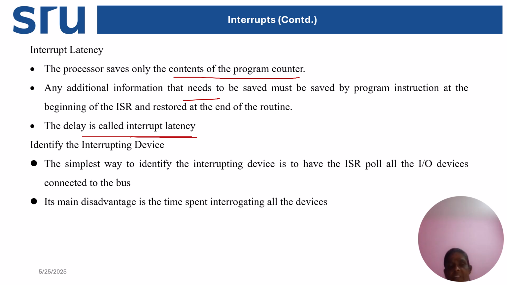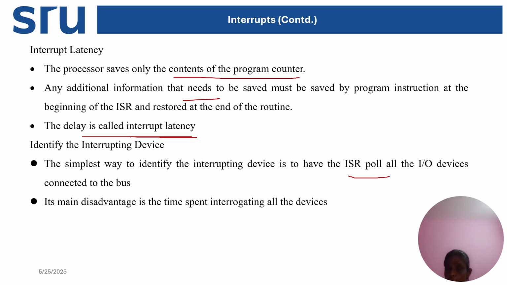And then, identifying the interrupting devices. How will the processor find out the IO device which is calling for service? The simplest way to identify the interrupting device is to have the ISR poll. Whichever IO devices are connected to the bus of the processor, every device will be asked by the processor whether you have interrupted, whether you are asking for my service.